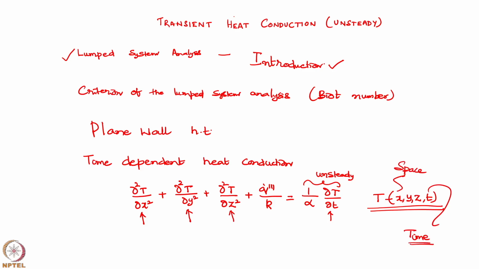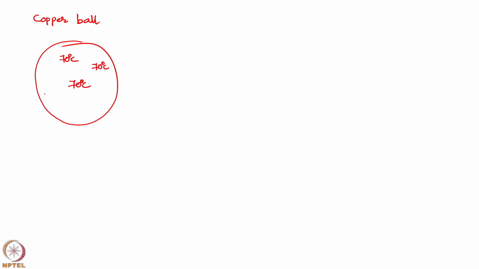So before we take up space, what we shall try to do is take up only the temperature variation with time, but with the temperature of the body being uniform, that is, not dependent on space. So now if I take a copper ball, having high thermal conductivity, and it is at 70 degrees Celsius everywhere.